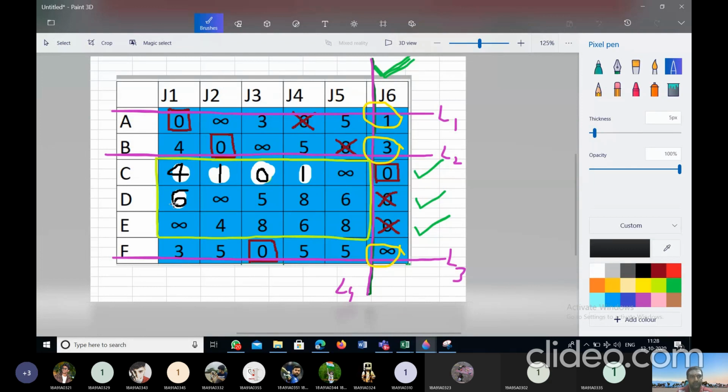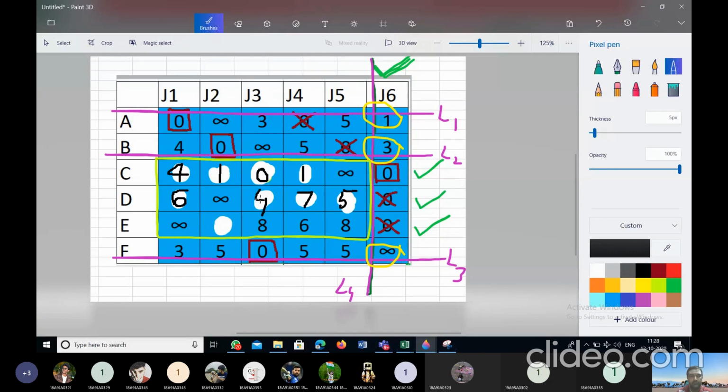7 minus 1, 6. Next, infinity minus 1, infinity. So 5 minus 1, 4. Next, 8 minus 1, 7. Next, 6 minus 1, 5. Next, infinity minus 1, infinity.